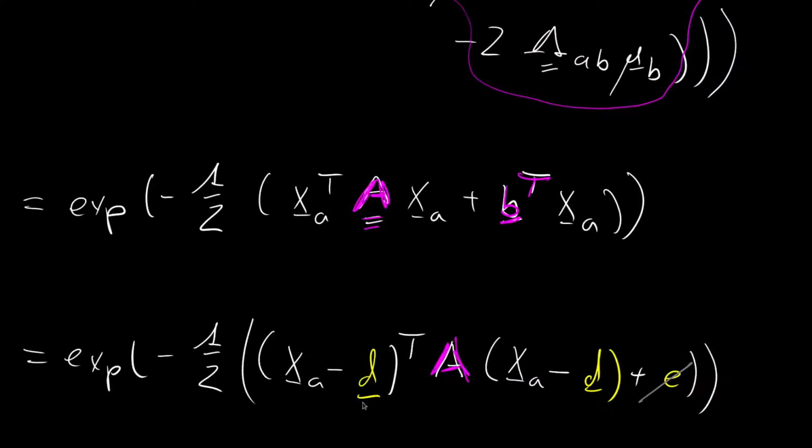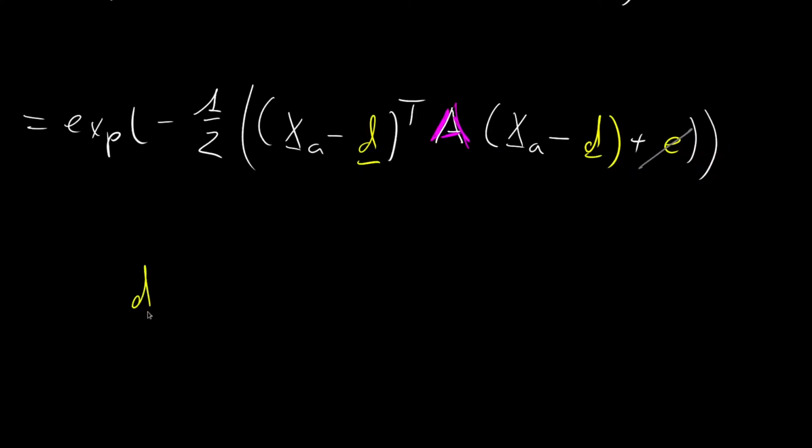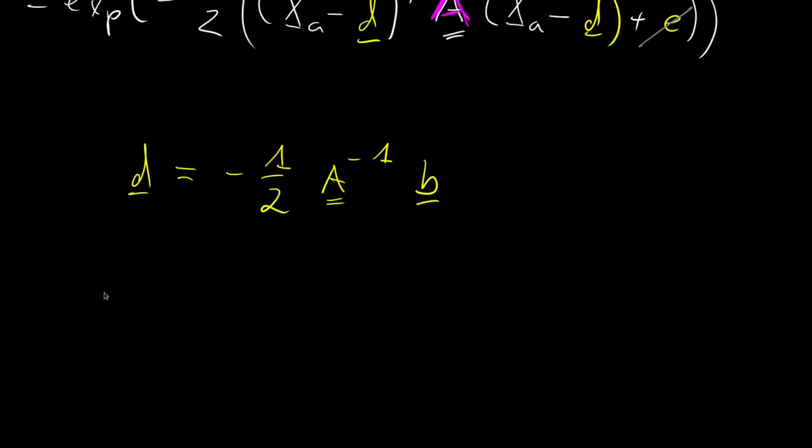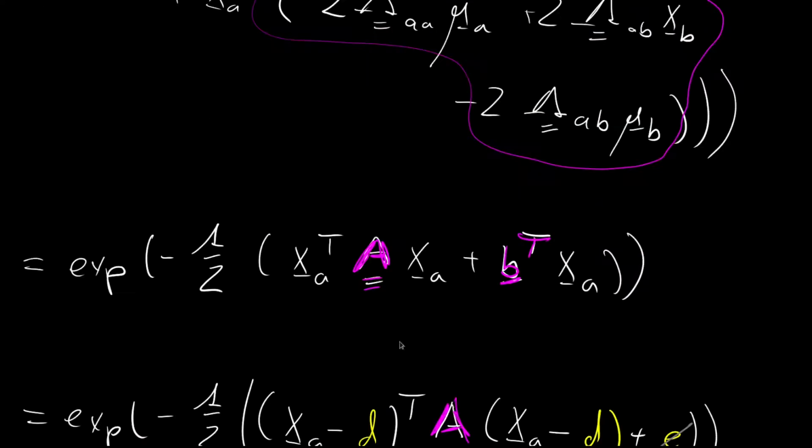Well, then what is this D vector? In the derivation for the multivariate completion of the square, we found it as -1/2 A inverse times vector B. Let's plug in what we have. We get -1/2, and for A, we said this is lambda AA, so we have to invert it, and then we multiply it with B. What was B?